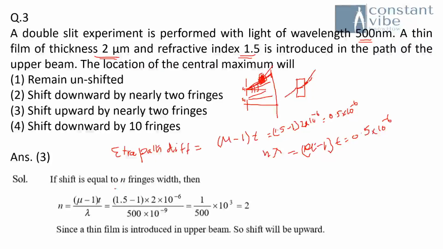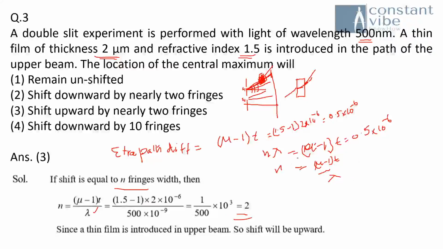If it is n fringes, n is equal to mu minus 1 into T divided by lambda. If you substitute the values here, it will be 2. The answer will be 2.